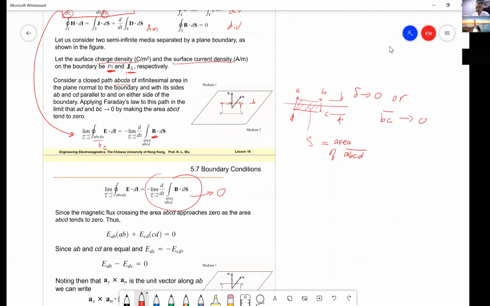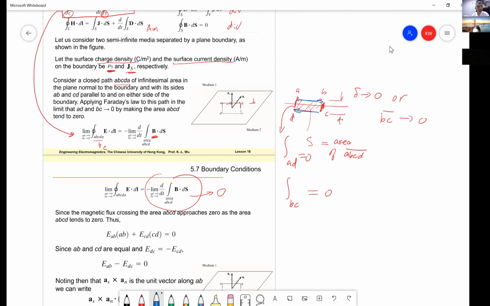But for the line integration, the contribution on this side, the integration AD will be 0, and the integration BC will equal 0, because the length equals 0. So we only deal with the integration along AB and also CD.